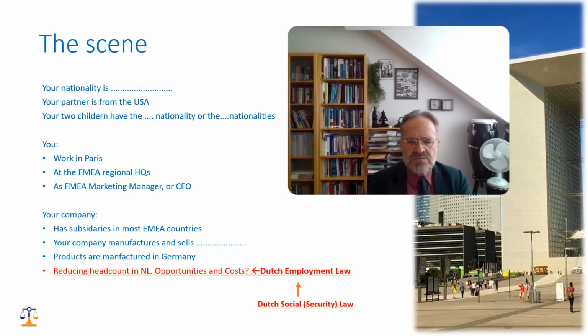Sales are going down because of the pandemic. And they sent you an email and they said, well, the salaries in the Netherlands are quite high. Can we try to get some people out? In business words, can we reduce the headcount in the Netherlands?